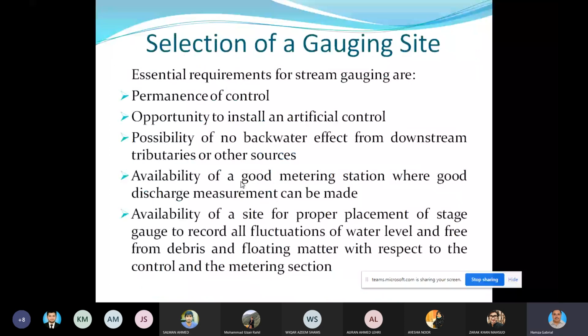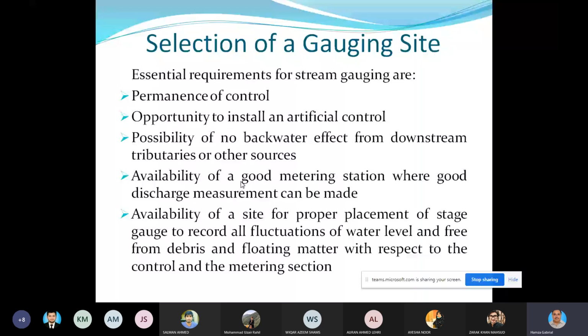Now coming to the selection of a gauging site where we should measure the discharge, because not all reaches or sites are appropriate for measuring discharge. There are some essential requirements for stream gauging where we can measure the discharge.